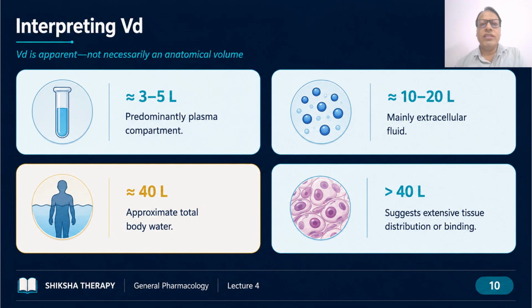And when the VD is much larger than total body water, it usually indicates extensive tissue distribution or tissue binding. Simple concept: lower VD means more drug remains in the blood, while higher VD generally indicates greater tissue distribution.